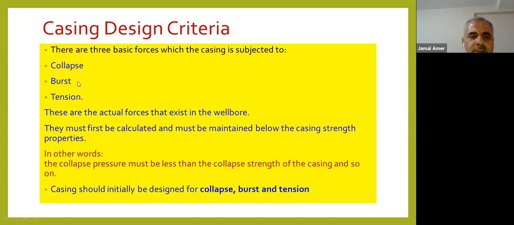Criteria, just to summarize what we said. There are 3 basic forces to which the casing is subjected: collapse, burst, and tension. These are actual forces that exist in the wellbore. They must first be calculated. In other words, the collapse pressure must be less than the collapse resistance.